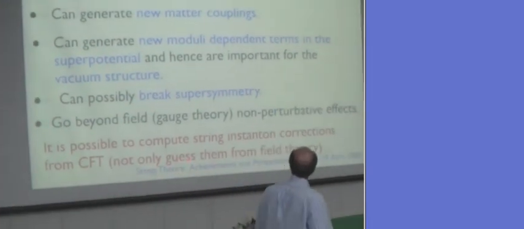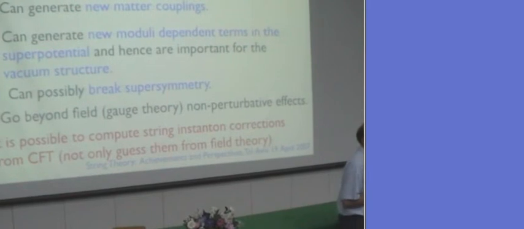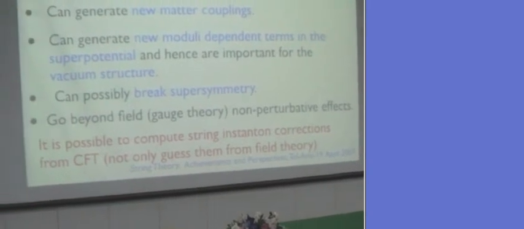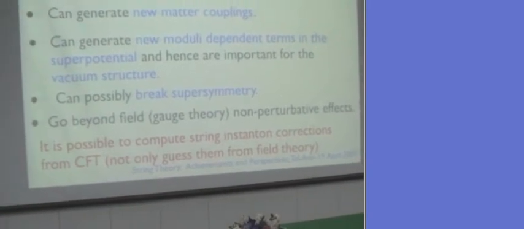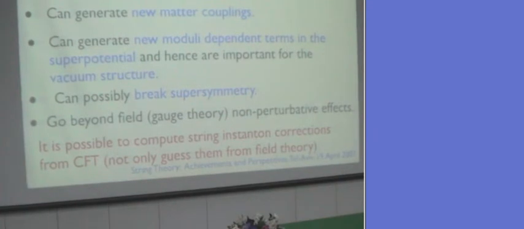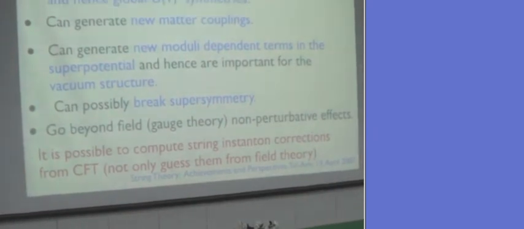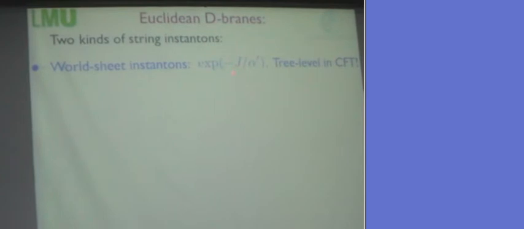So in a way, we not only can guess them from field theory and take over results from field theory, but we can compute them in string theory from scratch and even test or reproduce some of the old field theory results, as I will show you. Okay, so there are two kinds of instantons. First, the worldsheet instantons, which go like e to the minus the volume, the Kähler form over alpha prime, and they are still tree-level in the conformal field theory, so these are not really the ones which we are interested in now.